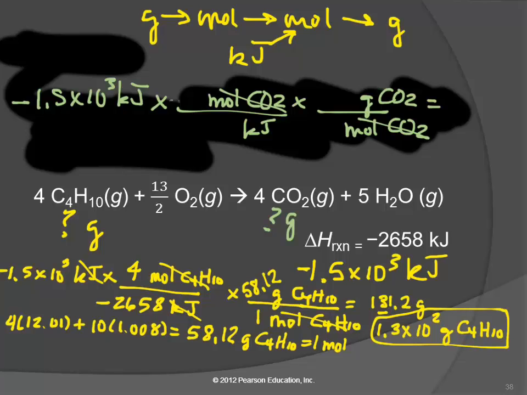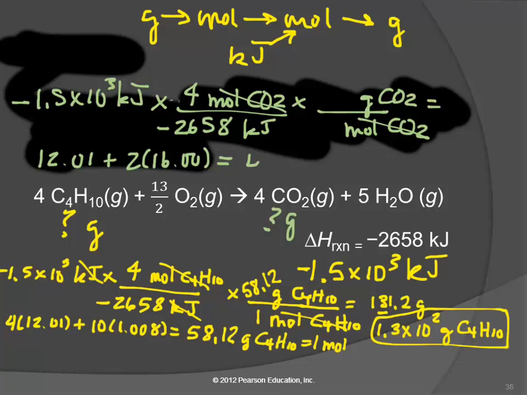The first term comes from the balanced chemical equation. For every 4 moles of CO2, we get 2658 kilojoules of energy. And we need the molar mass of CO2, which is 12.01 plus 2 times 16. Do not multiply by 4. 44.01 grams of CO2 is equal to 1 mole.